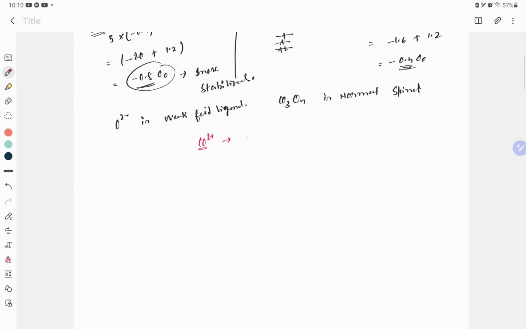We have to know that F minus, Cl minus, Br minus, I minus, S2 minus, SCN minus and N3 minus, only when the ligand is one of these 7, will these ligands act as weak field ligands for Co3 plus.